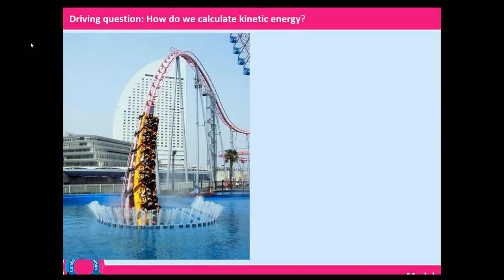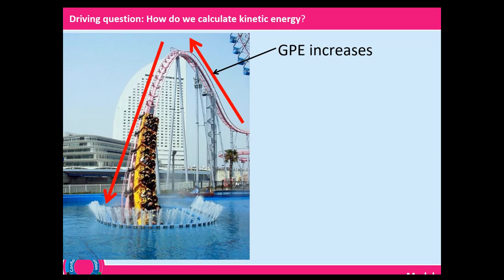Now, most rides in a theme park make use of this concept of gravitational potential energy being converted to kinetic energy. In this case, the cars are taken up to the highest point on the ride. At that highest point, gravitational potential energy is maximum, and then going down the descent, the speed increases, and gravitational potential energy is converted to kinetic energy.